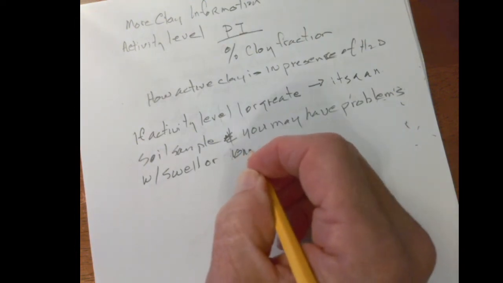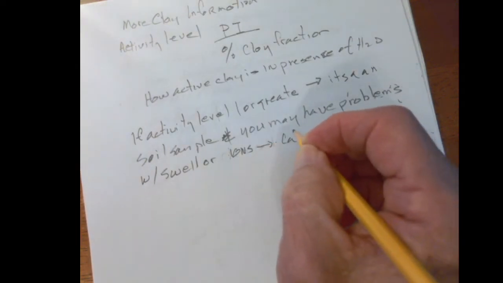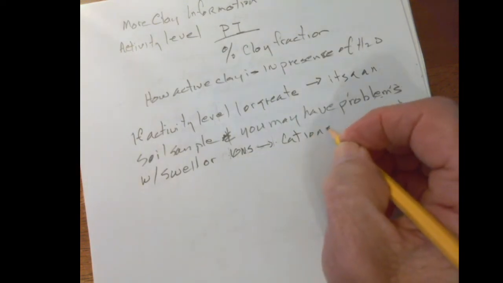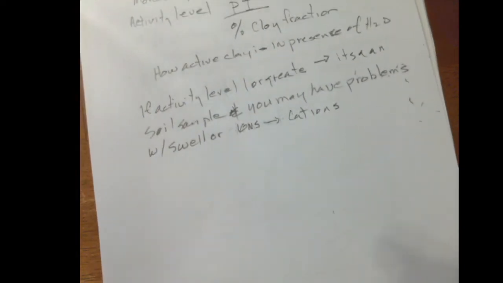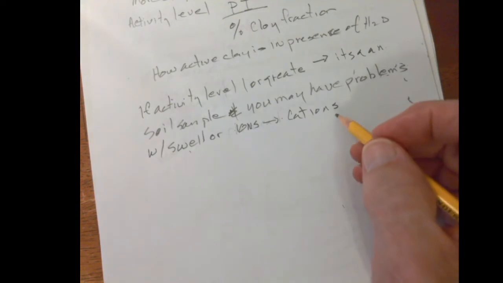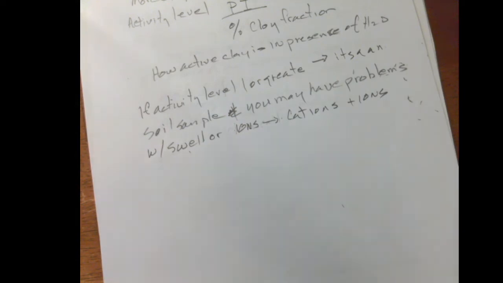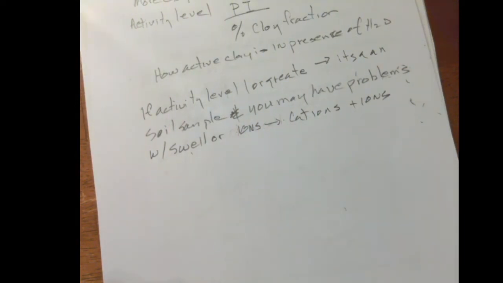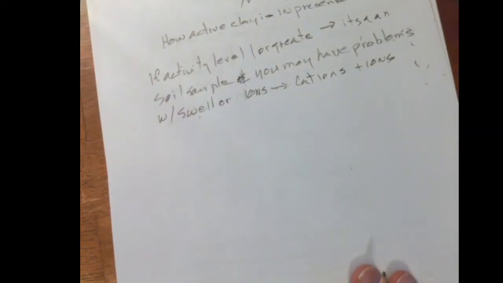Now that's a chemical term, and they're called cations. And ions are in chemistry and atoms and have to do with the element classifications and things like that. But so you may have problems with swell and ions. You may be adding ions when you shouldn't be, like stabilizing the soil. So if it's greater than one, it's pretty active and you may have problems with swell and or certain ions.